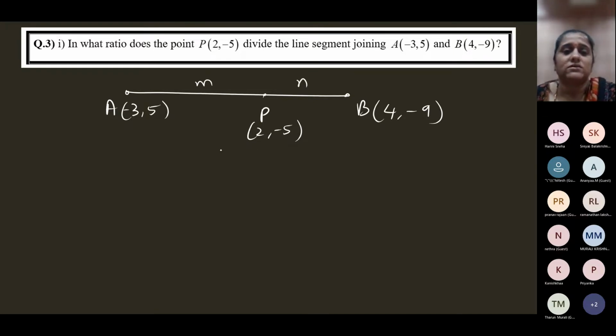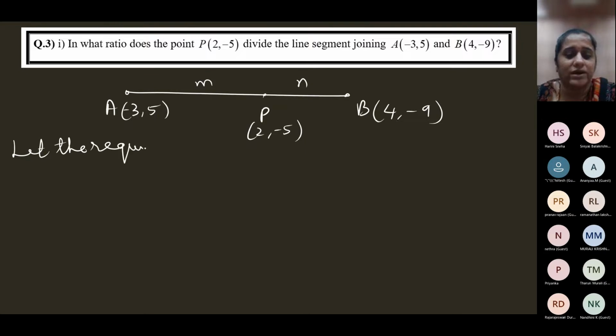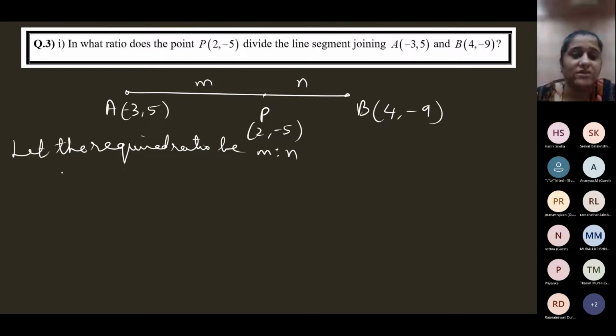I've represented the information in this line segment AB, the point of division P (2, -5). The ratio we don't know. So let the required ratio be m is to n. Now, I said use the x coordinate or the y coordinate.